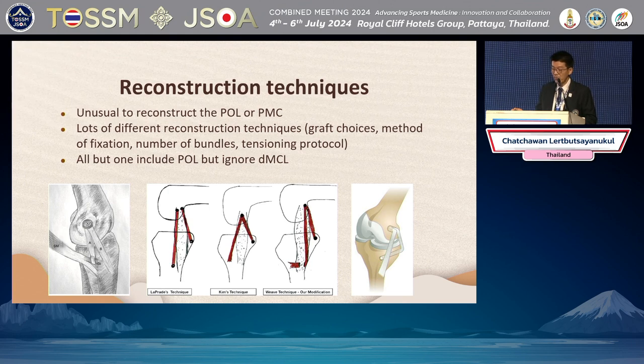Multiple MCL reconstruction techniques exist, varying in graft choice, fixation method, bundle configuration, and tensioning protocol. These variations address the complexity of medial knee injuries. Most techniques ignore the deep MCL reconstruction.